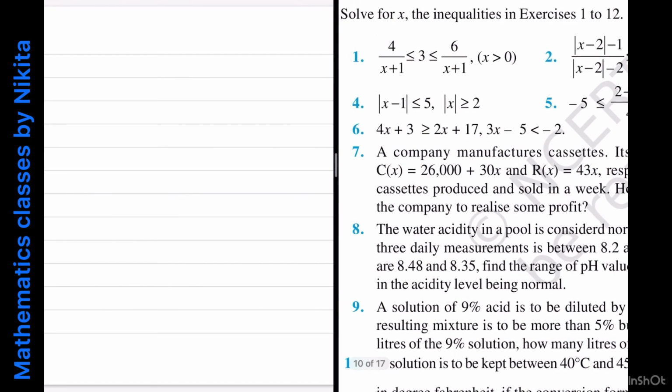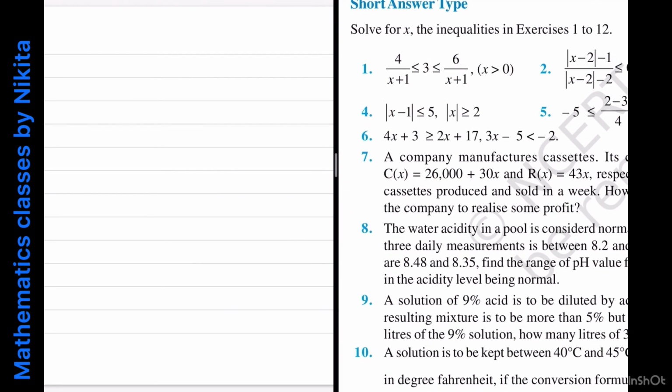Now let's see question number 6. So again in question number 6 you have two inequalities.